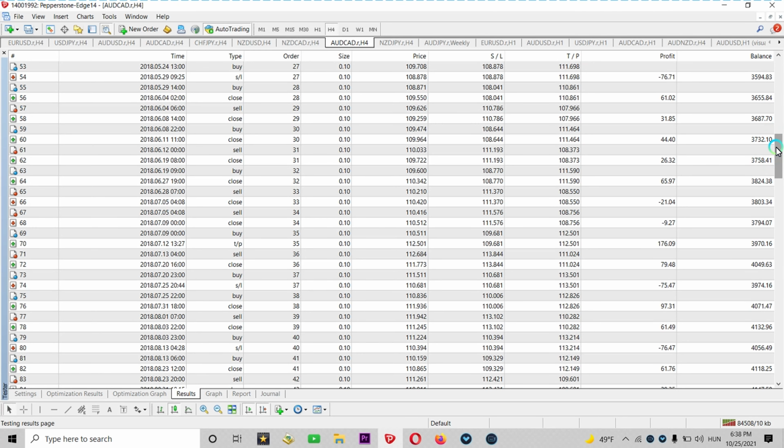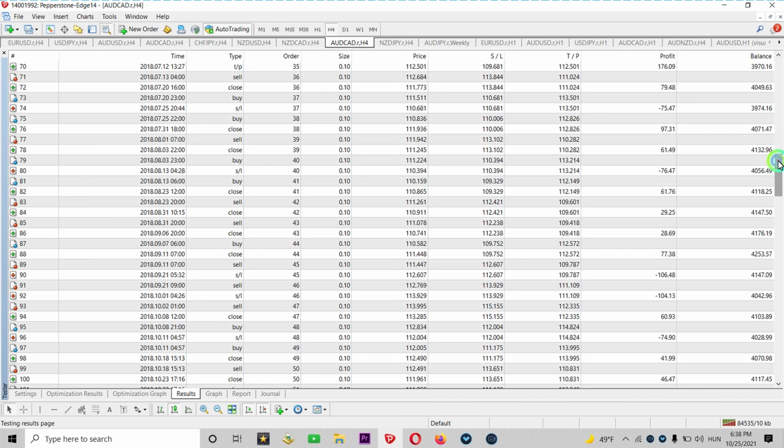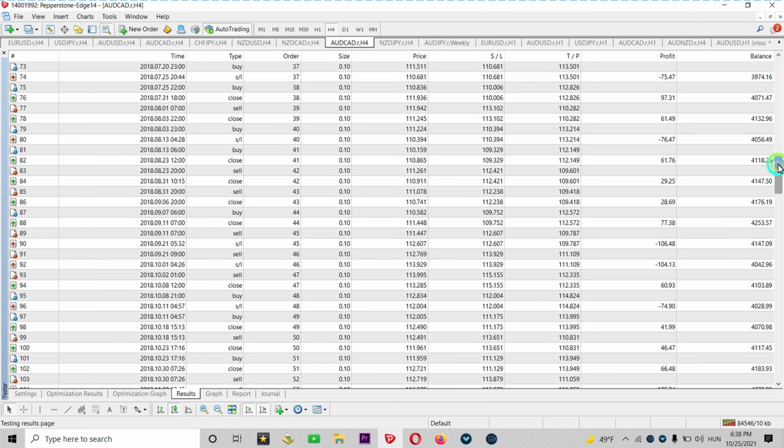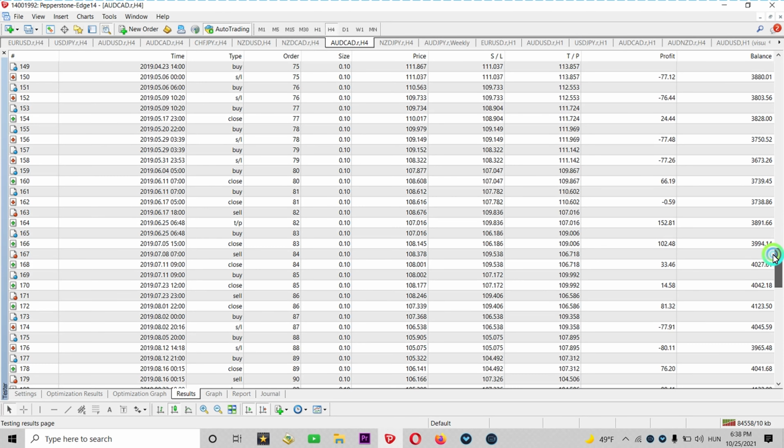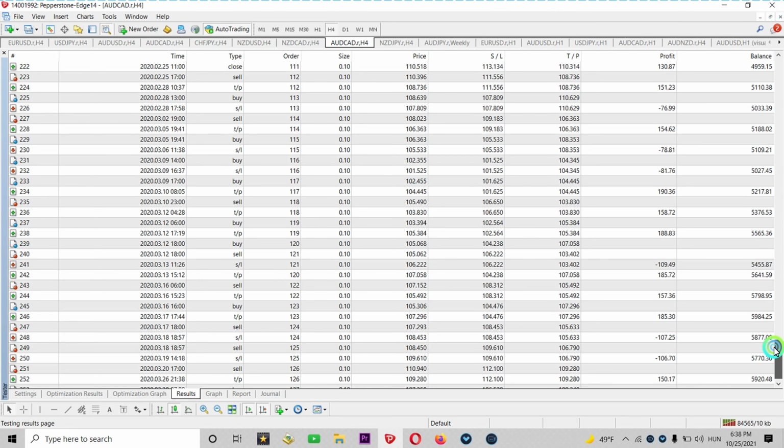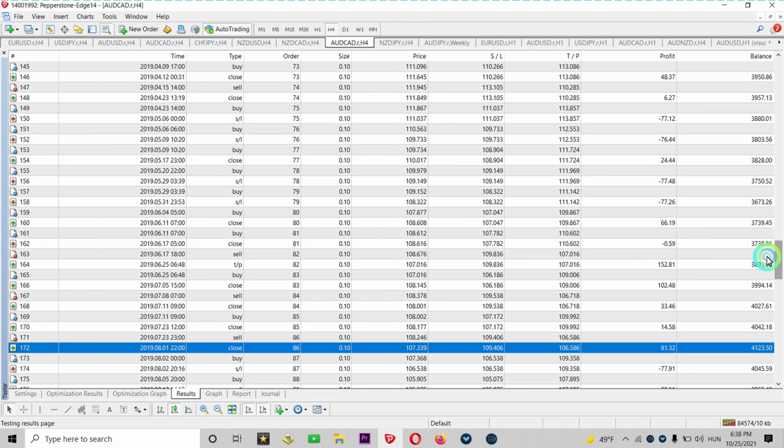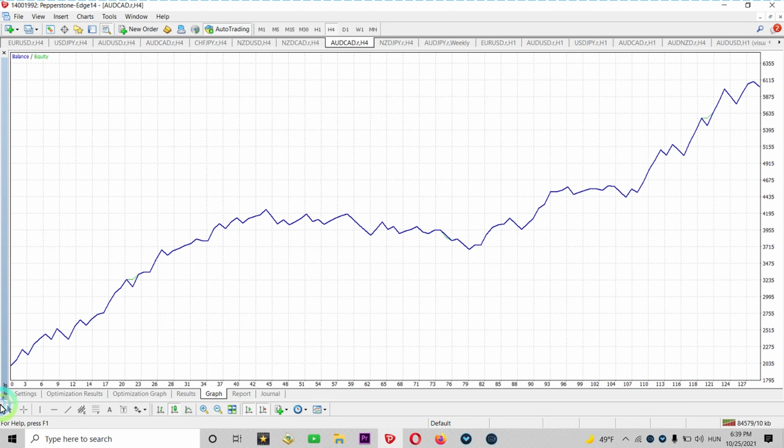So basically it reduces the amount of time that it holds a trade, but it increases the average profit to risk ratio, sorry. So the average profit overall, and yeah, if you take a look at it, it's pretty good.